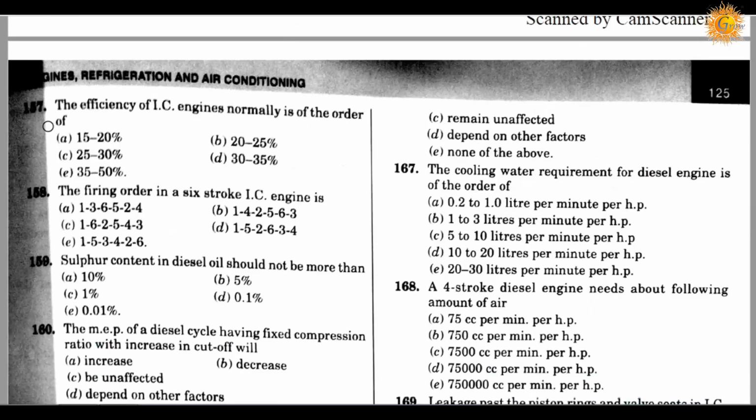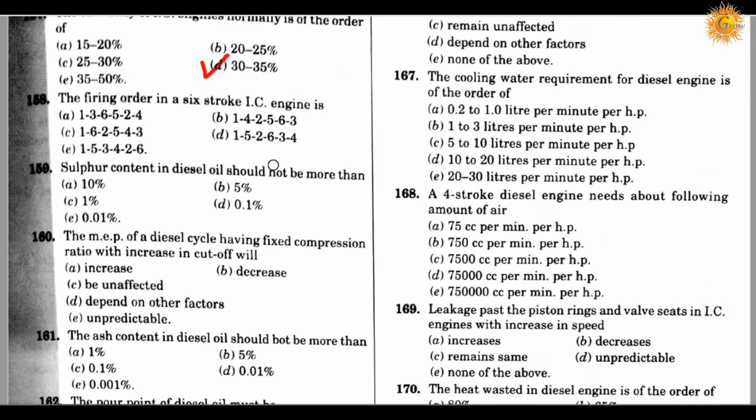Question number 157. The efficiency of SI engines normally is the order of option A 15 to 20%, option B 20 to 25%, option C 25 to 30%, option D 30 to 35%, option E 35 to 50%. So correct answer is D, 30 to 35%.